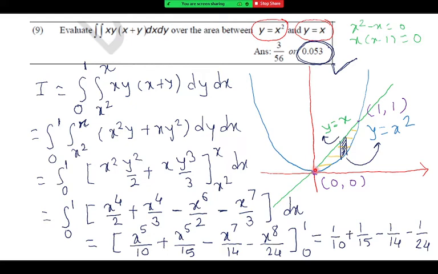When we drag it from x equal to 0 to x equal to 1, throughout you will observe the lower end of the strip is touching the curve y equal to x square, and the upper end touches y equal to x. So the limits of y throughout the region are from x square to x, that is the lower and upper limit, and the outer limits are 0 to 1. This way we get the limits.